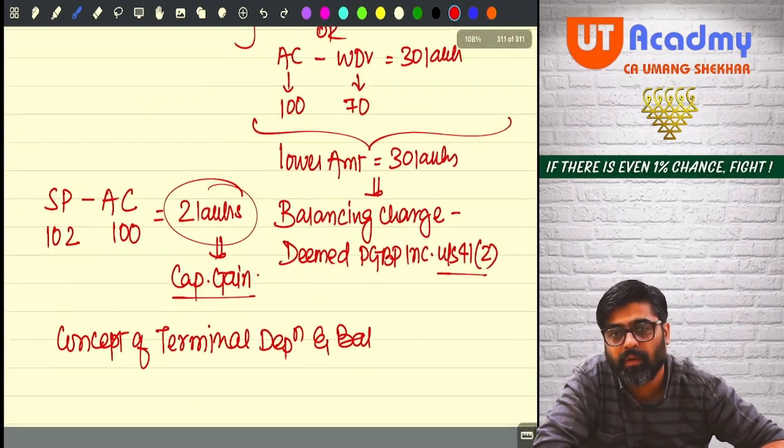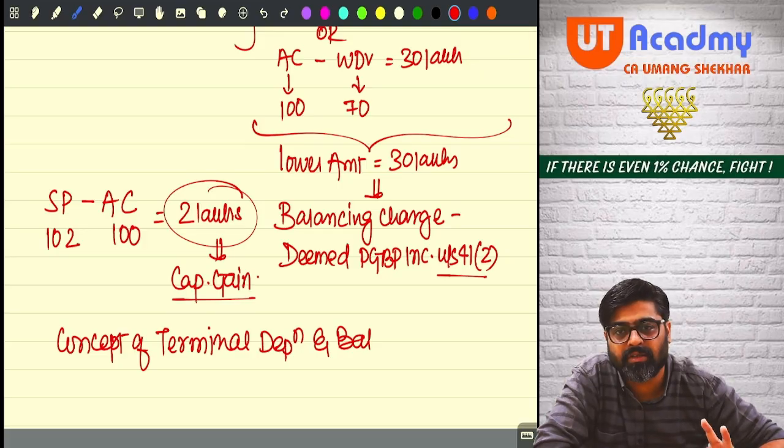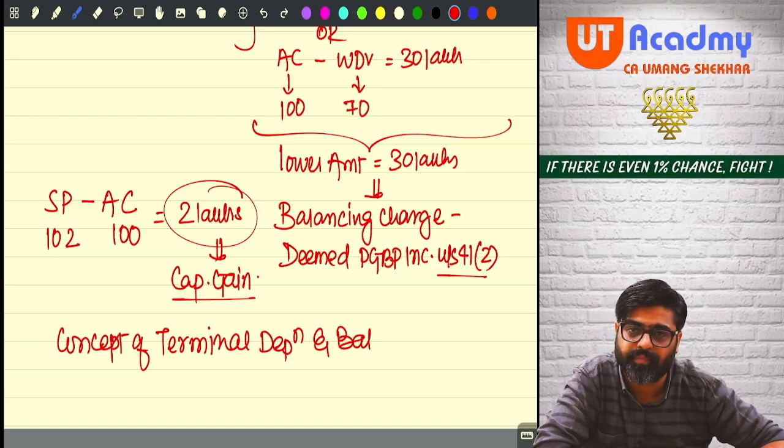So write down. Concept of terminal depreciation and balancing charge will arise only if the asset acquired for power business is sold in a subsequent year, in a year different from the year of its acquisition.